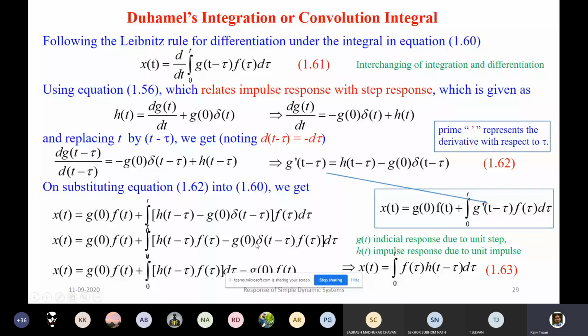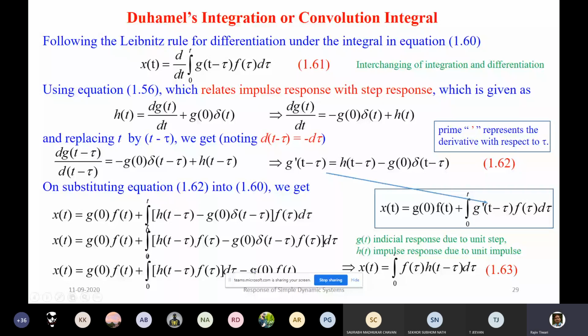So only the function is f naught. We have seen the direct delta function property: the integration of the function, if we replace tau with t, will be the value of the function. So because this was constant, it will come out, and the integration of these two terms is nothing but this, using the property of the direct delta function which I defined during its definition.